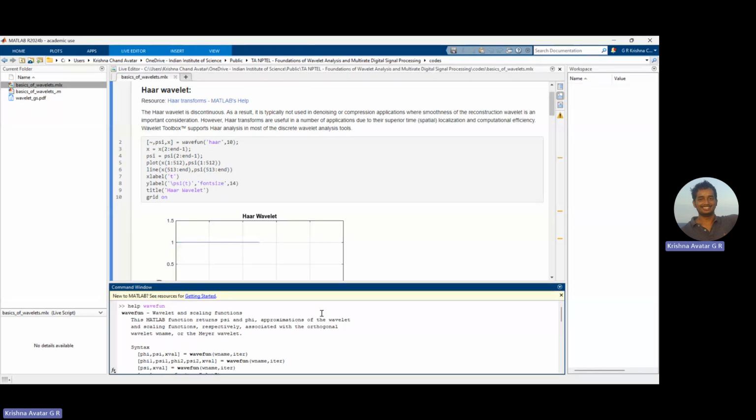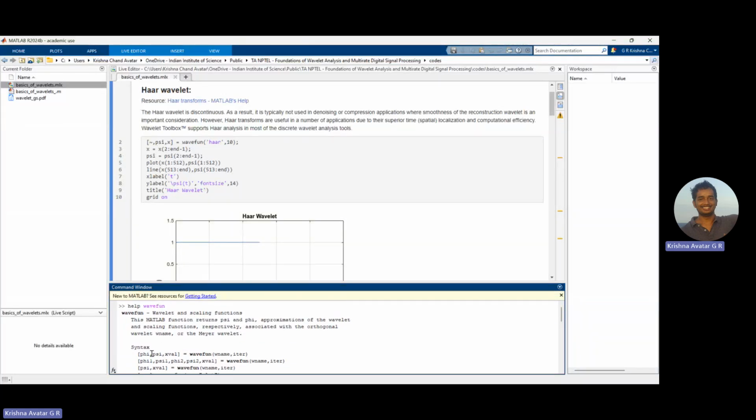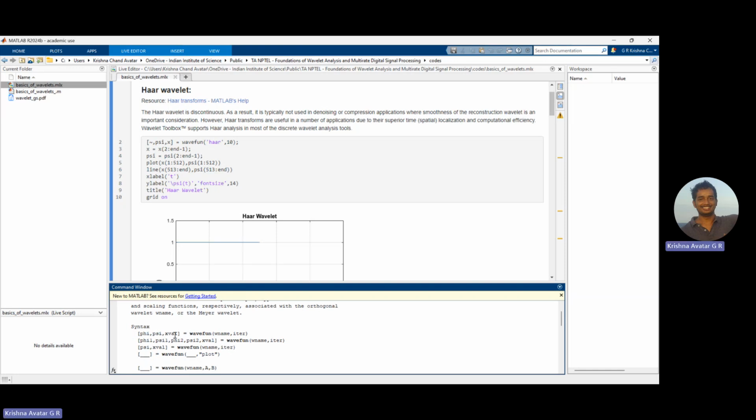So phi is, as we learned here, the scaling function and psi is the wavelet function, and x will also give us the values of the function.